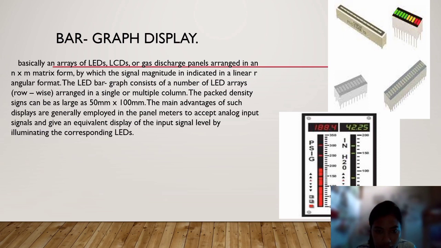The package display size can be as large as 50 mm times 100 mm. Such displays are generally employed in panel meters to accept analog input signals and give an equivalent display of the input signal level by illuminating the corresponding LEDs.